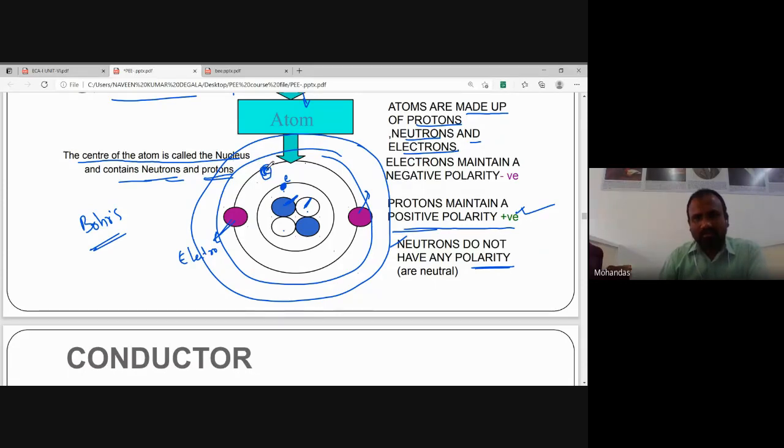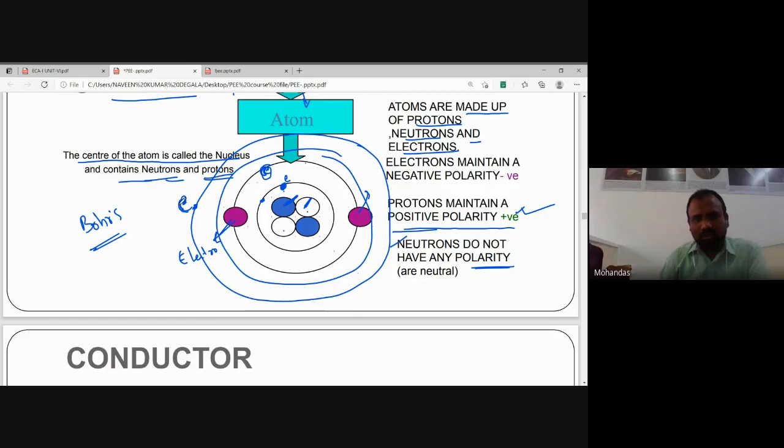So as we keep moving from the starting to the outer orbit, an electron in the outer orbit has higher energy levels. Higher energy levels means the energy required to detach or remove the electron from the orbit is very little. That means it is weakly bound by the nucleus.